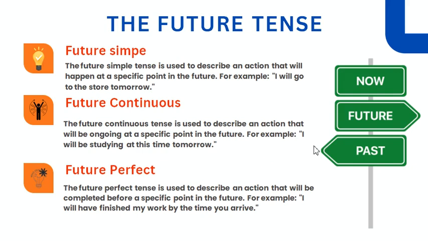For example, I will be studying at this time tomorrow. What is the difference between I will study tomorrow and I will be studying at this time tomorrow? The difference is clear. When you say I will study tomorrow, it means you will study tomorrow, but it doesn't show that you will be studying continuously.